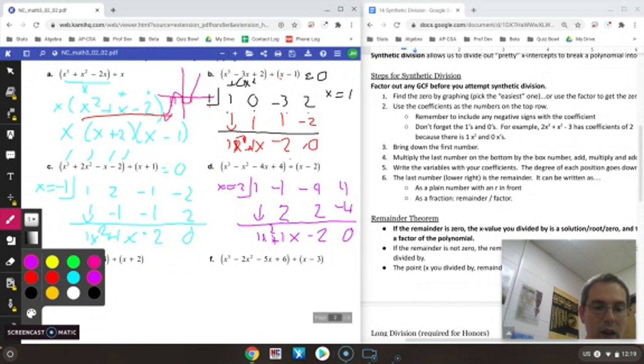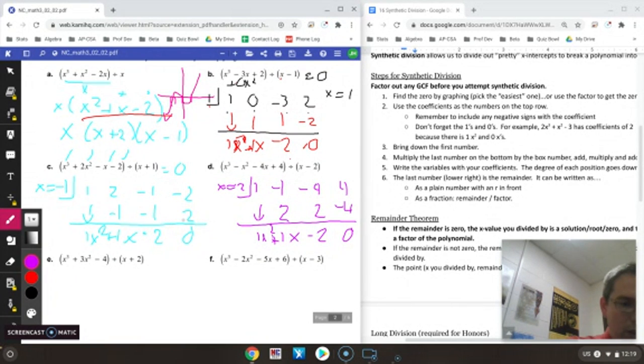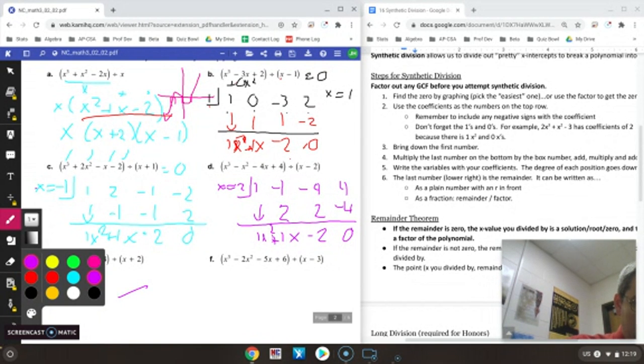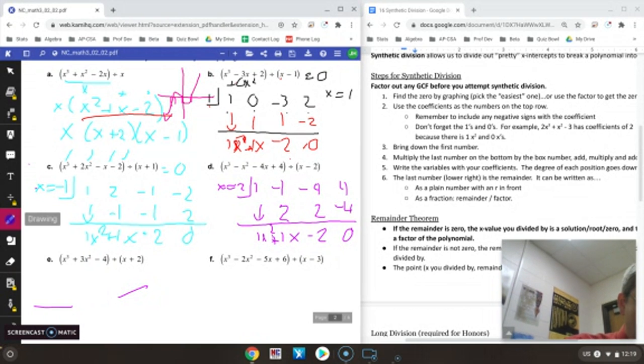If you go ahead and try E and F, you should get the same thing that we've had here. For E, for example, I would have x equals -2. And then I'll try to use that. That will be a 1, a 3. You do need to fill in a 0 because you didn't have any x's, and a -4.